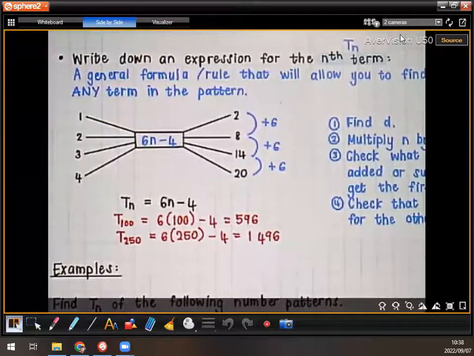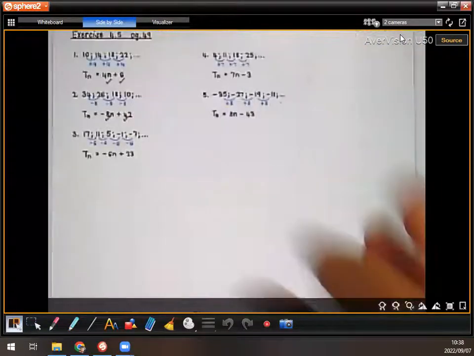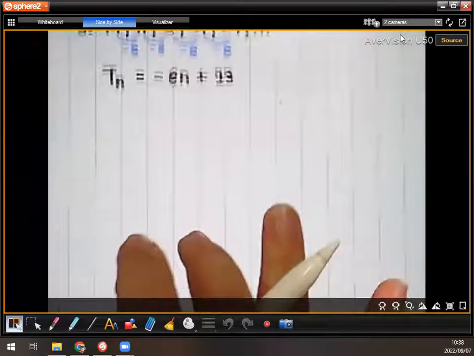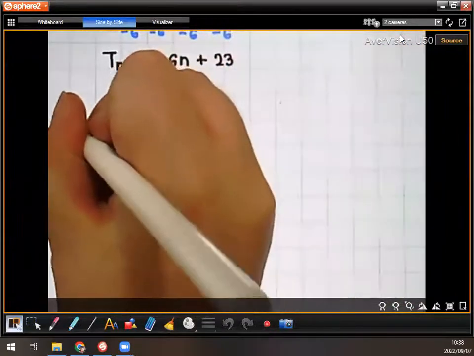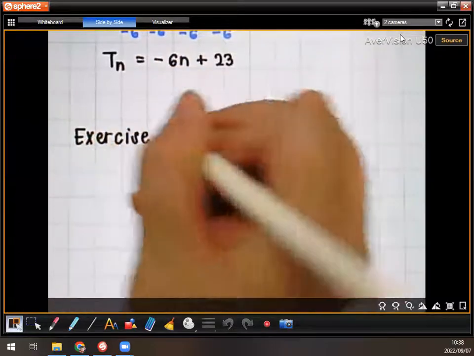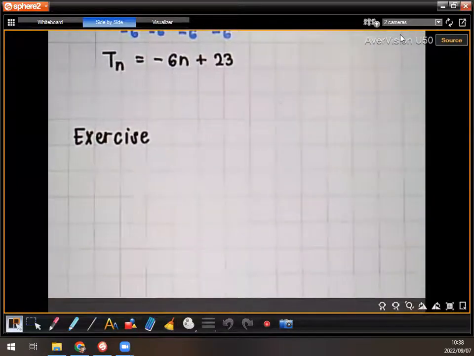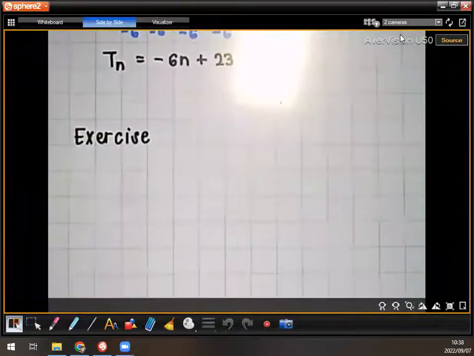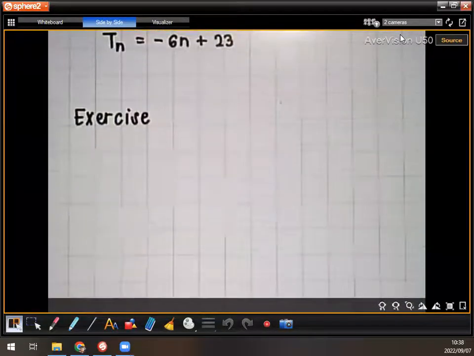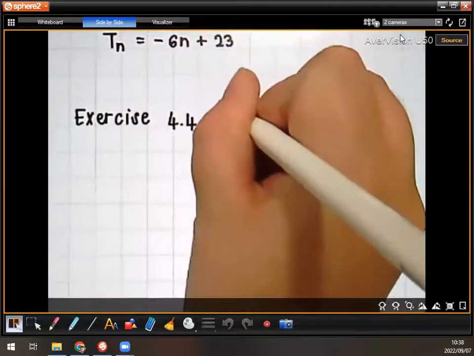Okay, I'm going to give you guys kind of a spread from different exercises, because each exercise is quite short and it only focuses on one specific thing. So I would like you to do the following. You have done 4.5, hey? Exercise, sorry about that. Exercise 4.4, just a few of those.